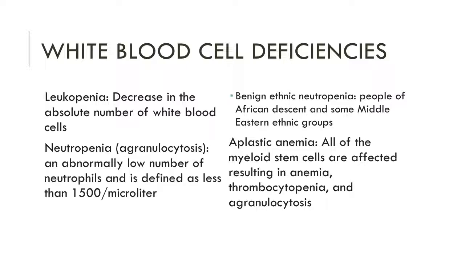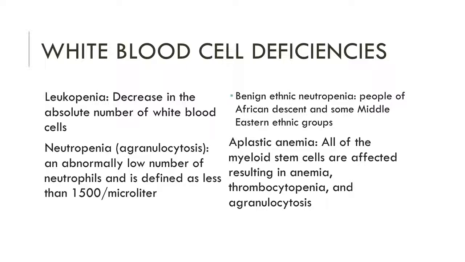There is a benign form of neutropenia called benign ethnic neutropenia, and it tends to affect people of African descent and some Middle Eastern ethnic groups.